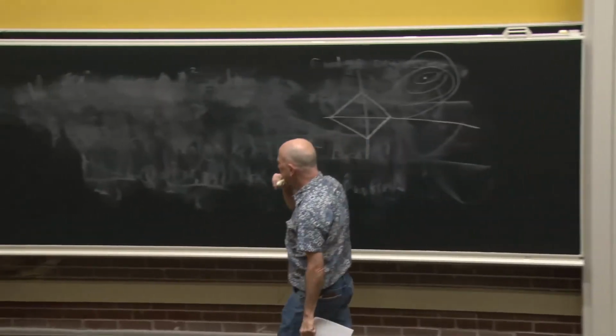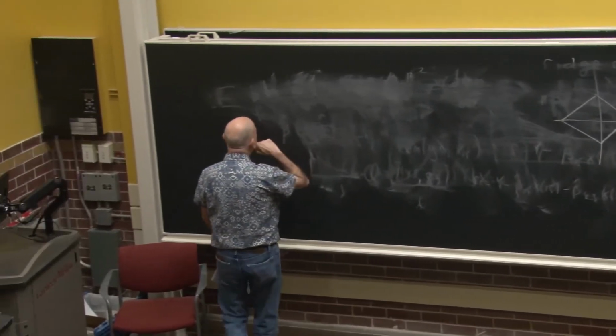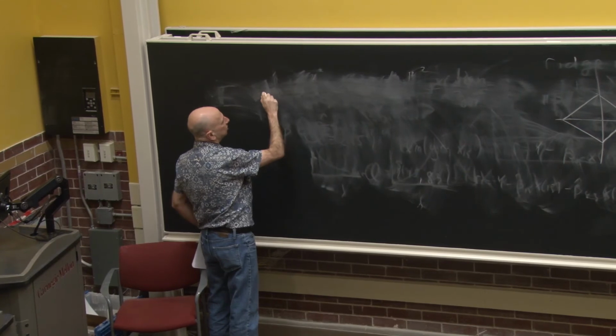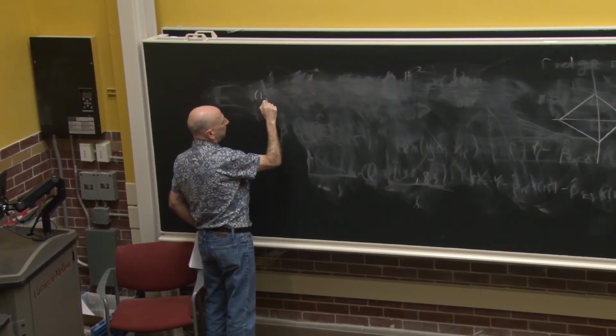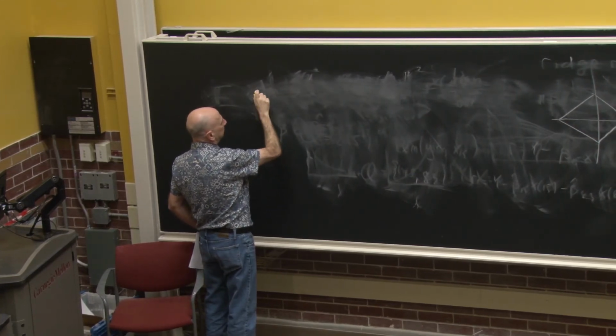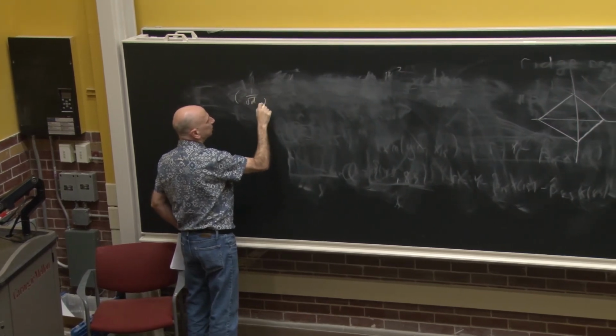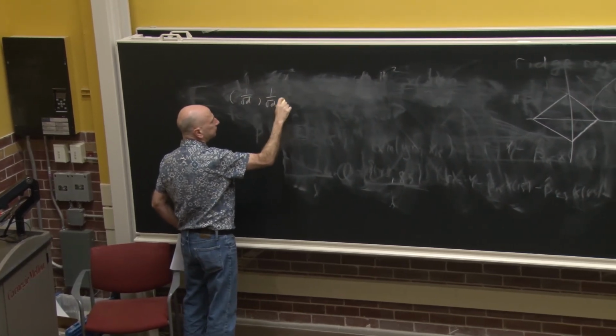Well, let's consider a few vectors. Let's suppose I have a vector that looks like 1 over root d, 1 over root d, and so on.